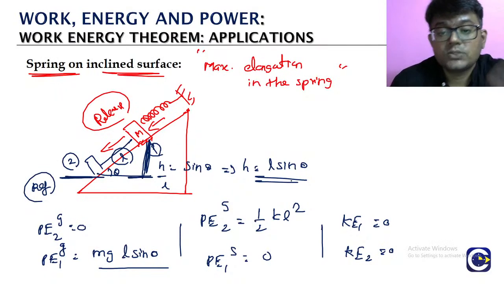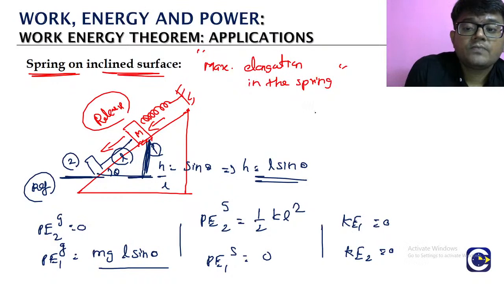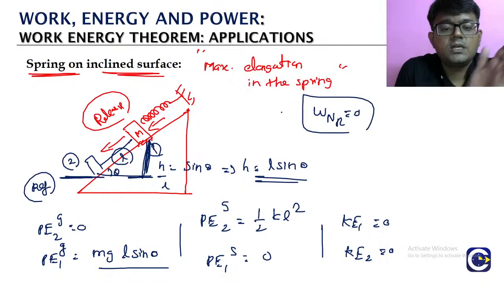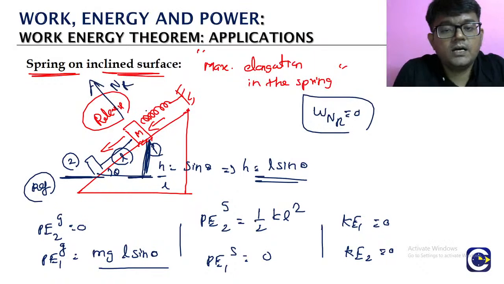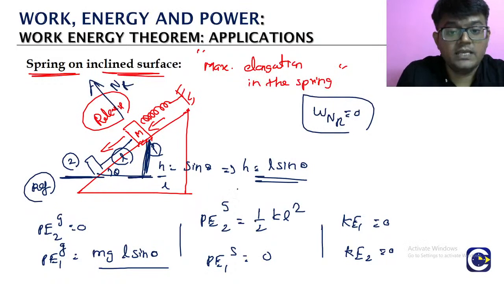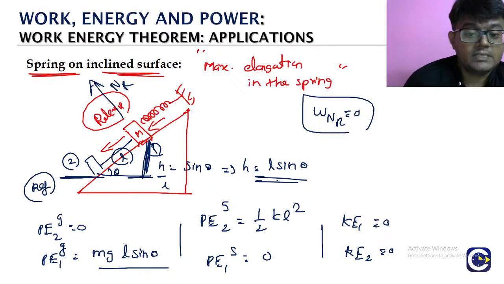If we assume there is no friction, the work done by the normal reaction on the block is 0. Why? Because the normal reaction is perpendicular to the plane and the block is moving along the plane. The angle between them is 90 degrees. So again we have conservation of mechanical energy: the final potential energy plus kinetic energy.